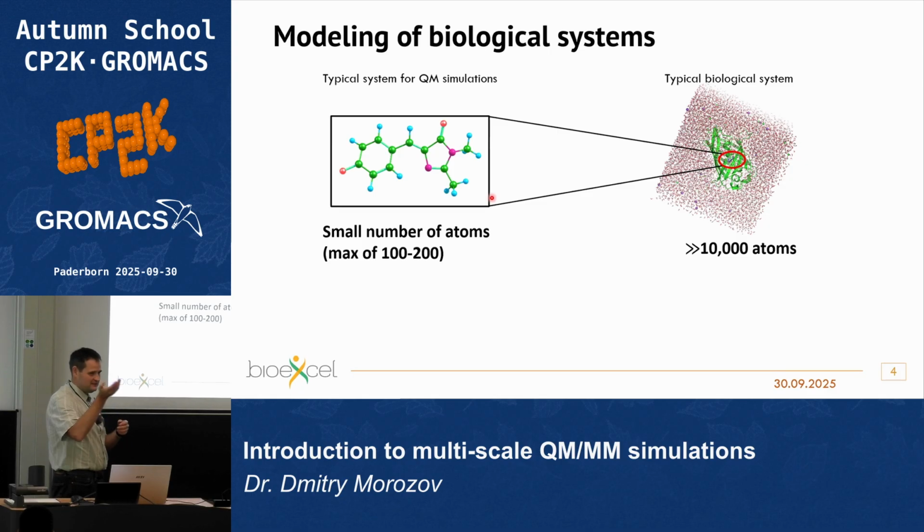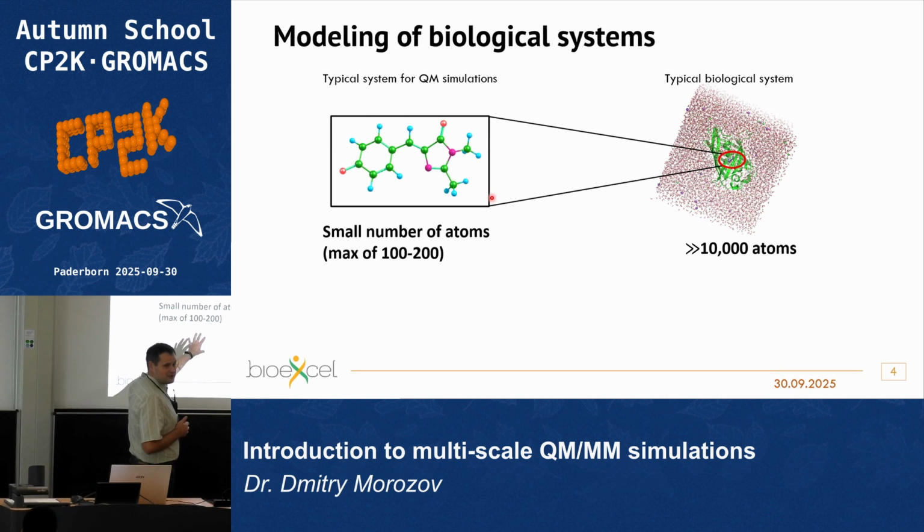They need to be excited, de-excited, all that kind of stuff. This cannot be done with classical molecular mechanics. So people typically want to use quantum mechanics for such systems to evaluate, for example, spectra. But still, the problem is that you have a very small part of your system with hundreds of atoms which needs to be calculated quantum mechanically, but you want to consider the effect of the whole system, which is huge, more than tens of thousands of atoms.